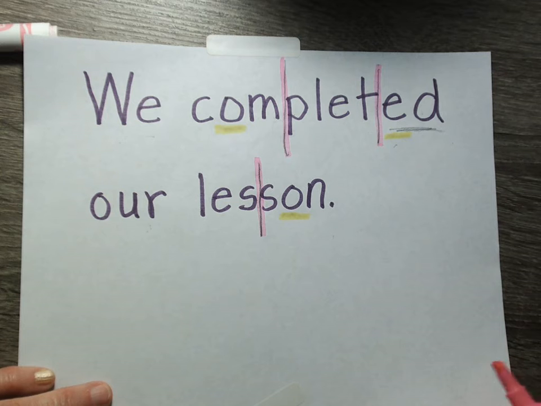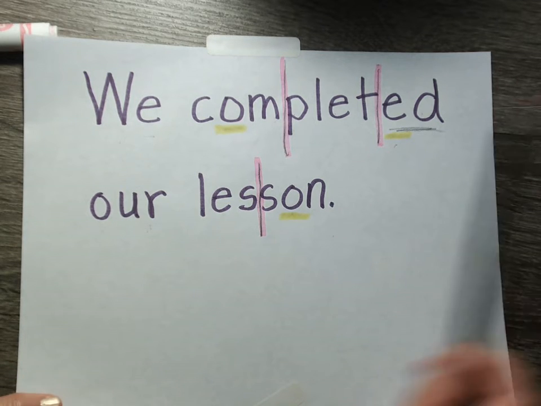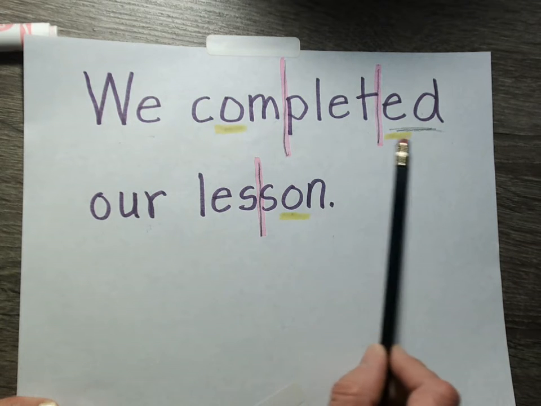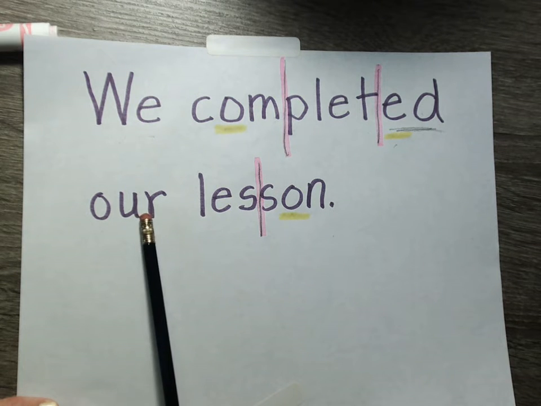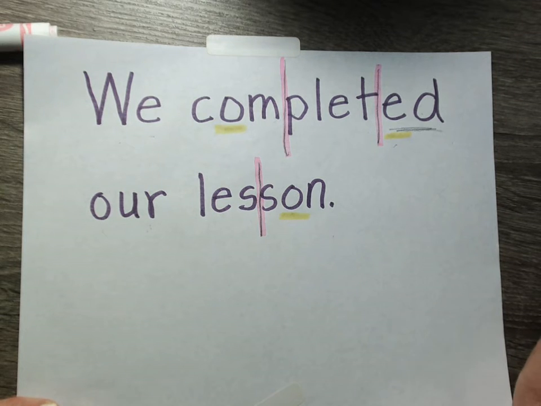So if I were a robot, my voice would never change. This is how I might read this sentence if I were a robot. We completed our lesson. But I'm not a robot. I'm an American.